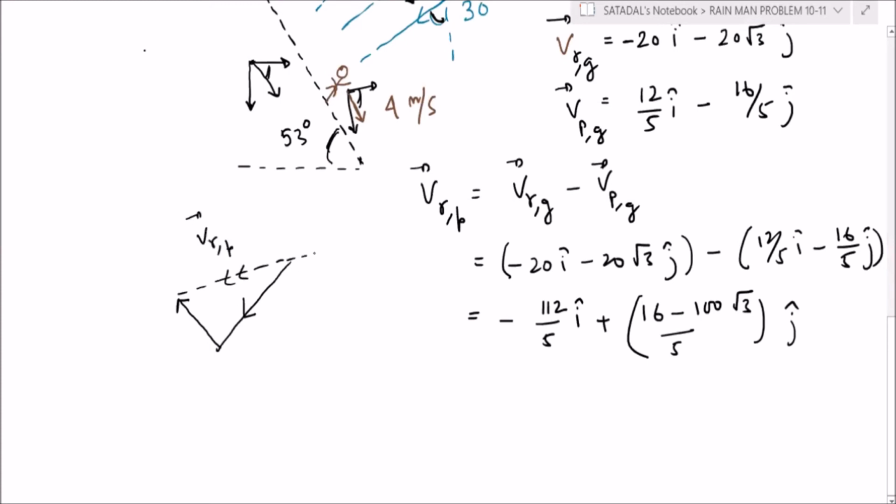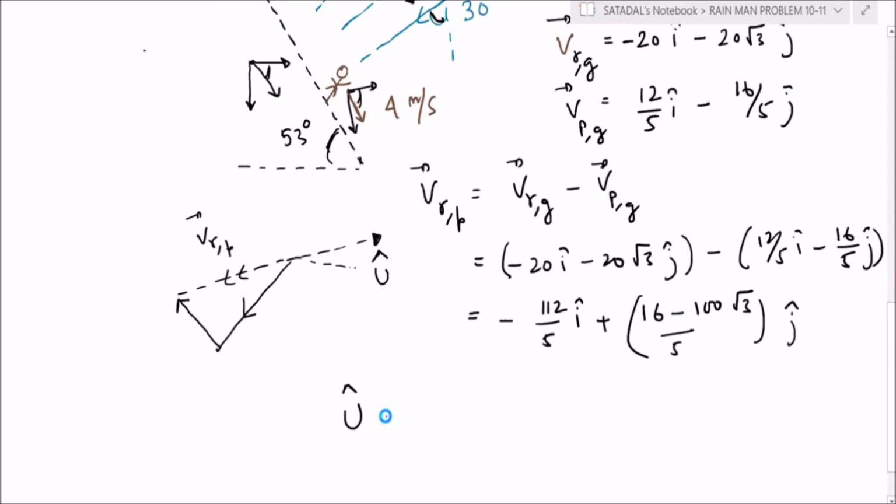Now you see, this is the direction where the umbrella should be put. Correct. If I call this direction U cap, U refers to the umbrella, check it carefully. In this direction, the X component is positive, and the Y component is also positive. So you have to be a little bit careful.